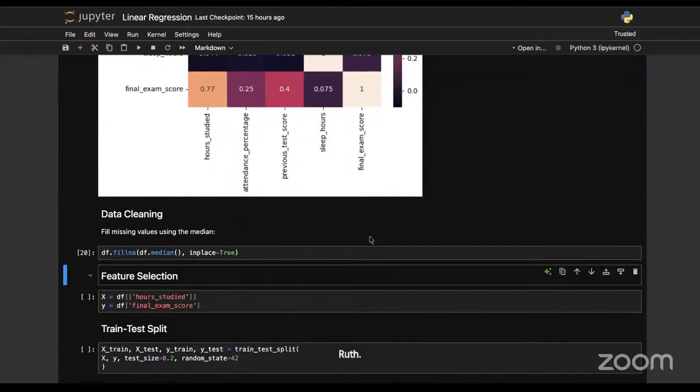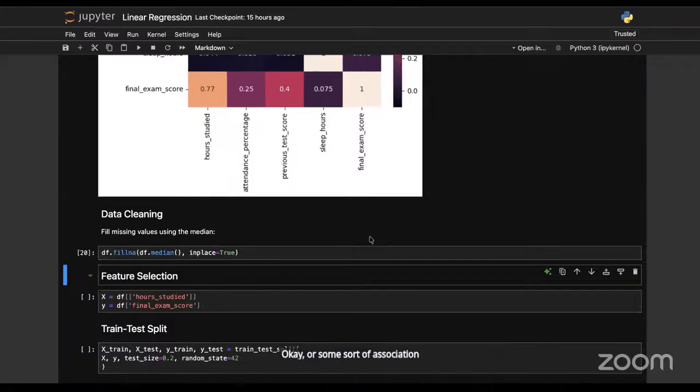Ruth, I hope I'm making sense as to what it means where correlation does not mean causation. Just because someone studied 10 hours, it's not the cause of them getting that final exam score, but it does have some sort of effect, or some sort of association.